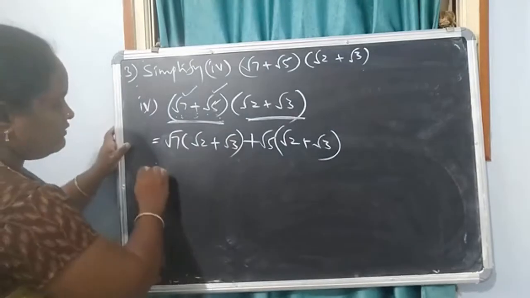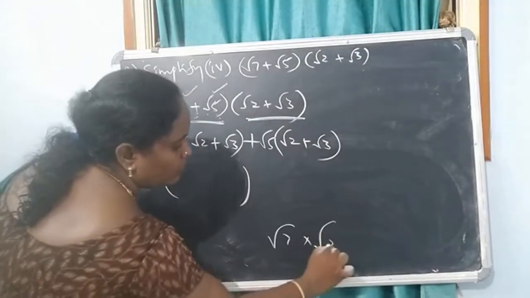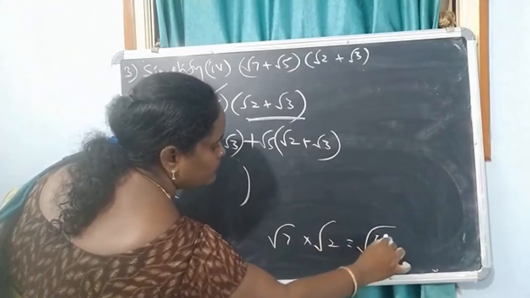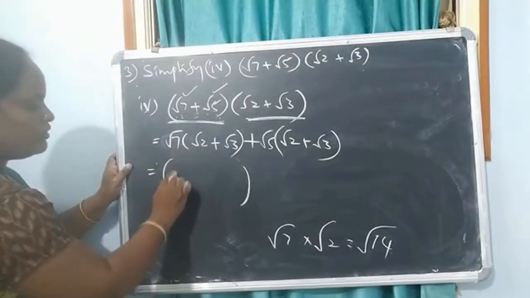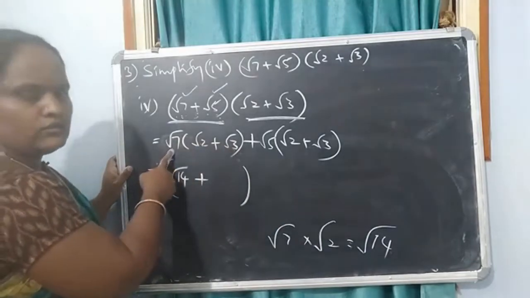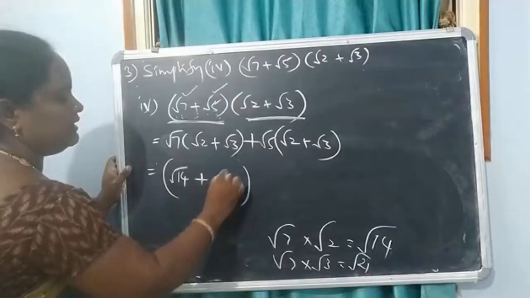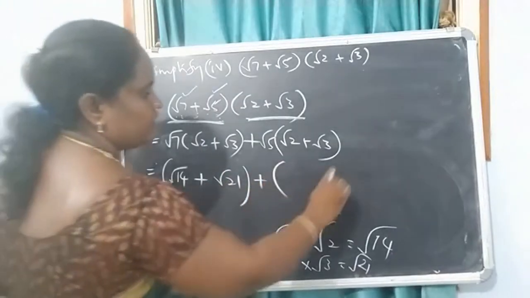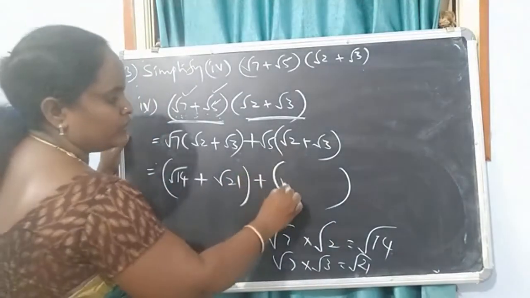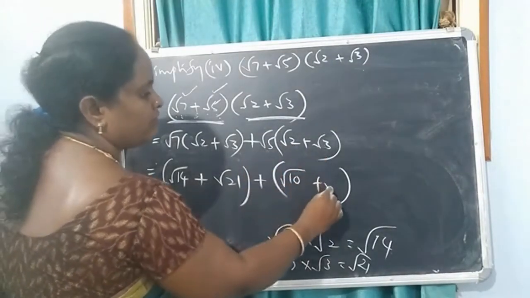Now if I multiply root 7 into root 2, that is root of 7 into 2, that is 14. So here root 7 into root 2 is root 14, plus root 7 into root 3. Both of them must be multiplied with root 7. Root 7 into root 3 is root of 7 into 3, that is 21. In a similar way, inside the bracket, root 5 into root 2 is root of 5 twos, 10, plus root of 5 into root 3, 5 threes is 15.